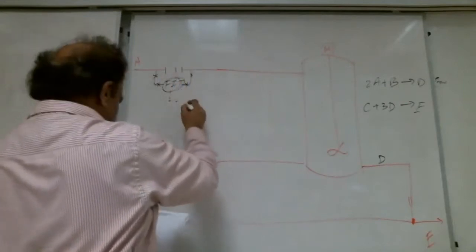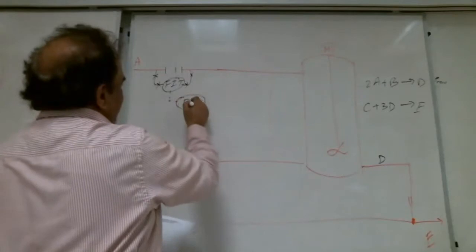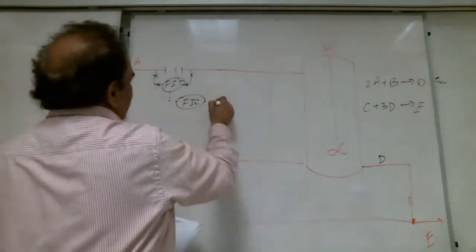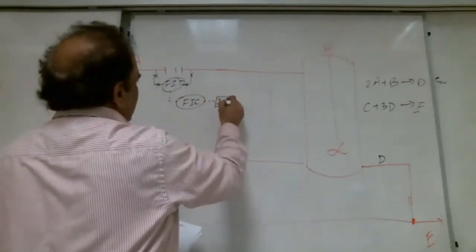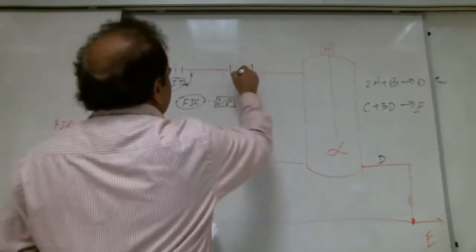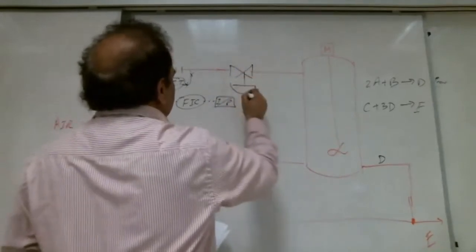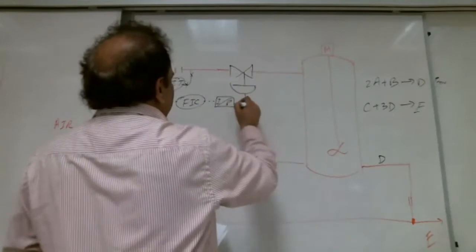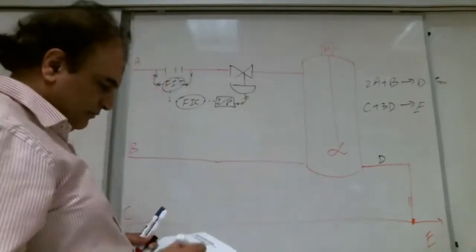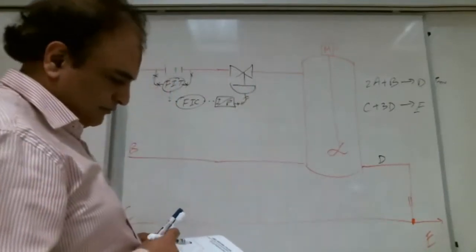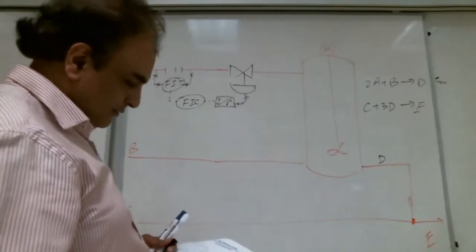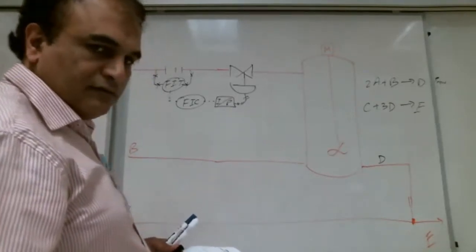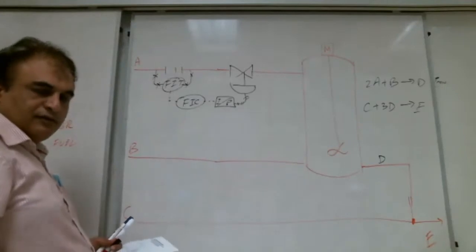That is sending signal to the flow indicator controller, I2P converter, and here we put the valve. Right, Shabab? Yes, teacher, with you.